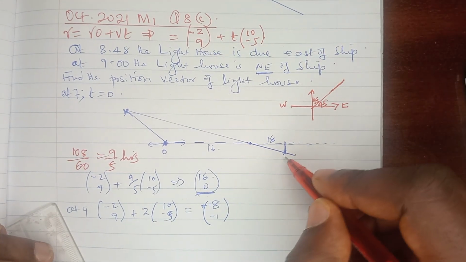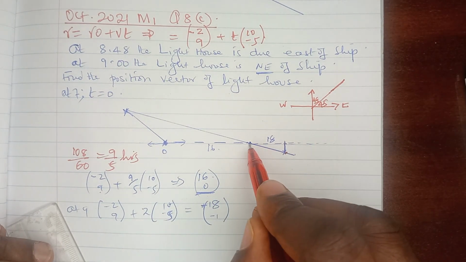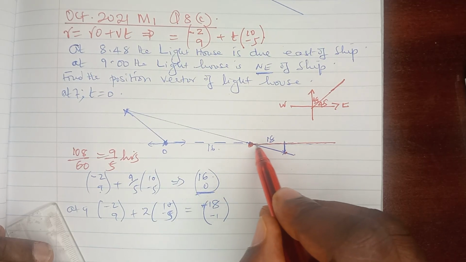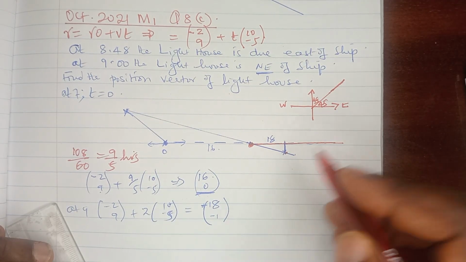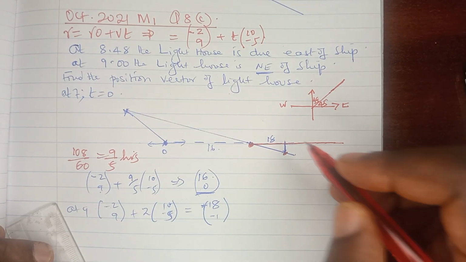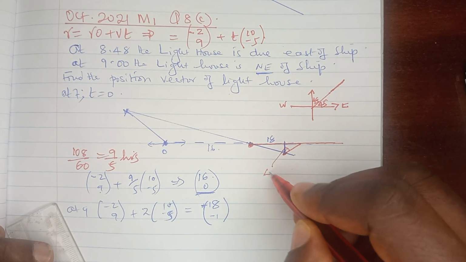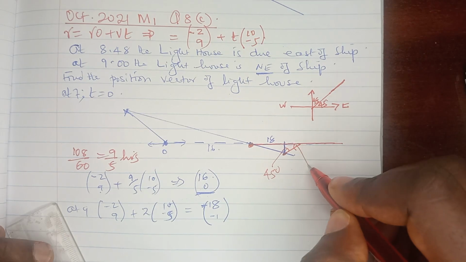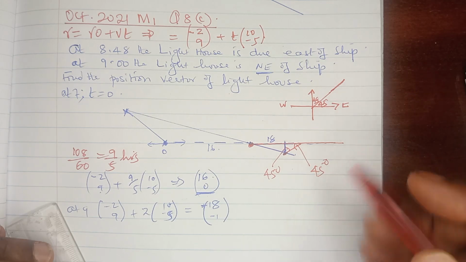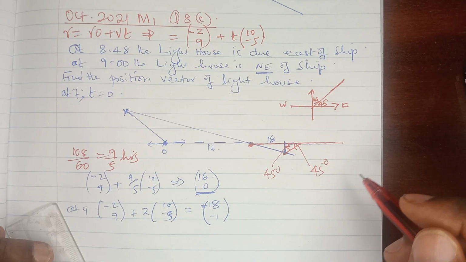We said the lighthouse is somewhere along this red line, because when the ship was here, the lighthouse was to the east of the ship. But now, while we are here, the lighthouse is to the northeast. So this angle is 45 degrees, and this angle is 45 degrees. That means we have formed an isosceles triangle, because this angle is 90 degrees.